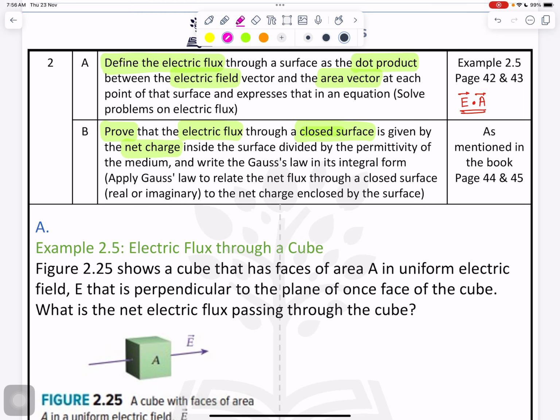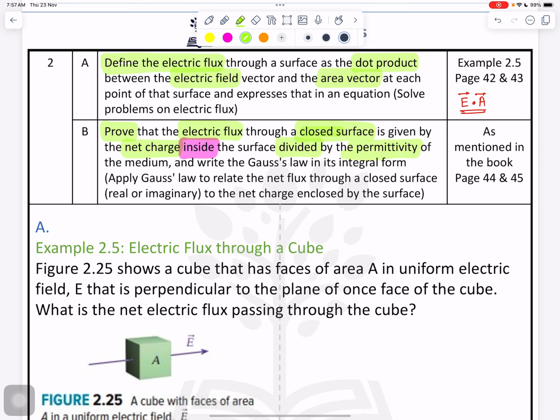This is the keyword, because whenever we are solving any question of Gauss theorem, within the system and outside the system are different. Inside the surface, divided by permittivity. So what does it mean? That charge divided by permittivity should equal the flux. We need to prove that.